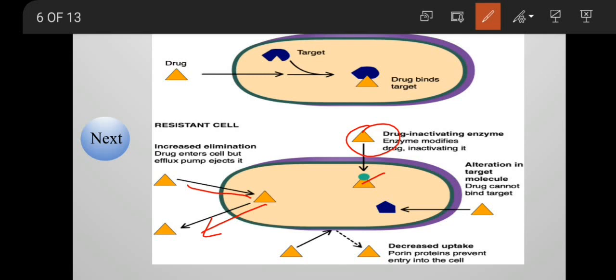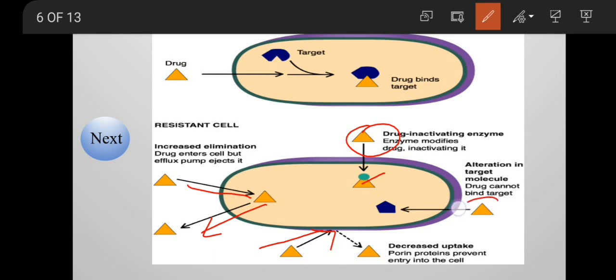When the antibiotics try to enter the bacterial cell, they do not get entry because the proteins are now modified. They are narrower. They won't allow the entry of antibiotics. So these antibiotics are being repelled, they don't get the entry, and they are no more working on it.